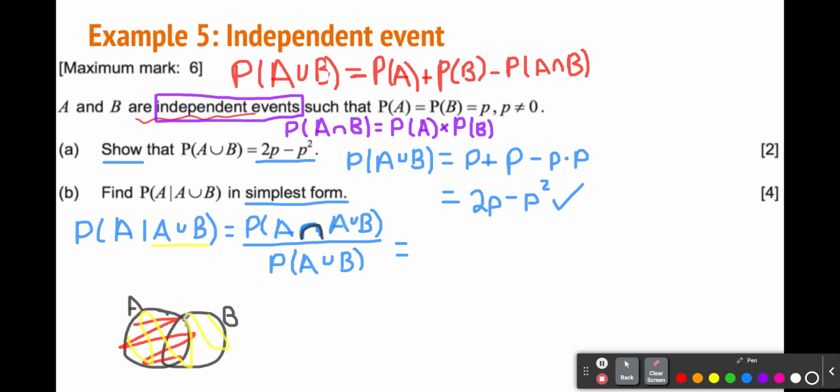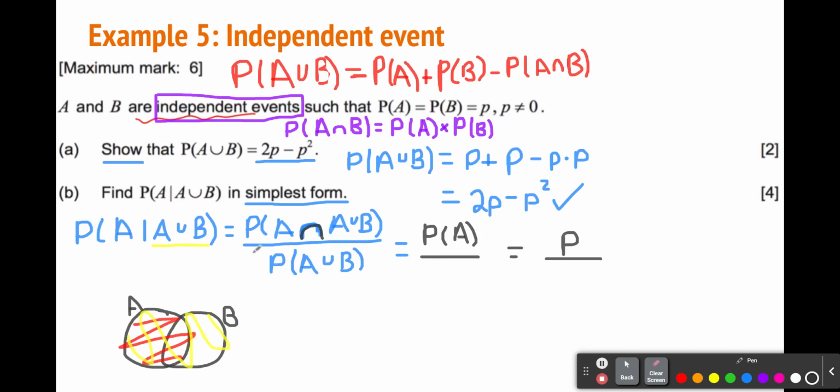Notice that that's just the probability of A happening. So the overlap between the red and the yellow, that's all the actual red. So that's the probability of A. So the top part can be simplified to the probability of A. And then we know that the probability of A is equal to P. So the top part is going to be simplified to P.